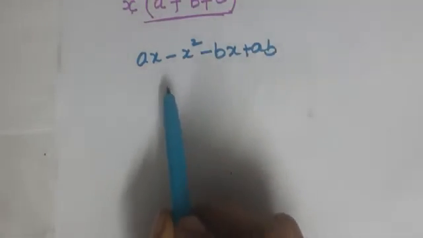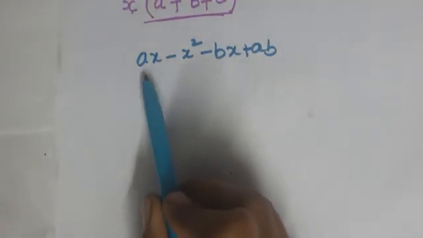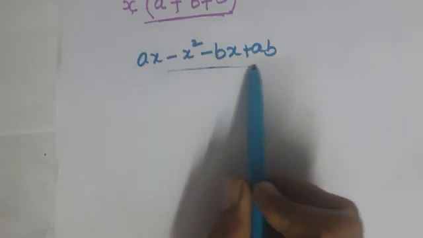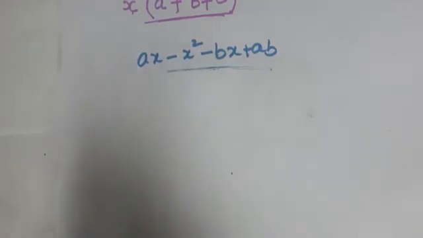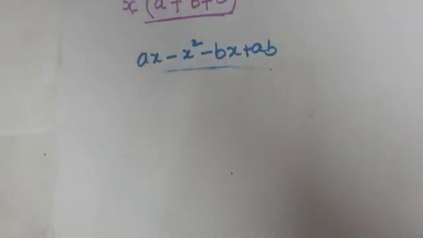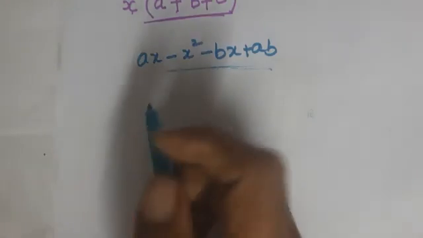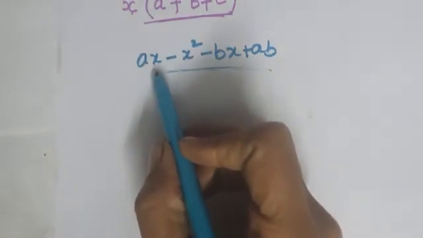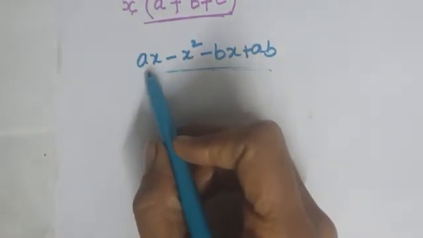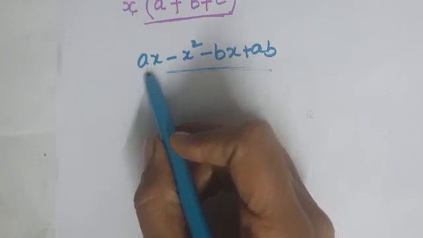Now children, if you see carefully, there is no term which is common in all. In that case, we think about pairing. What we will do here, we will start pairing. Pairing means we will take two terms at a time.